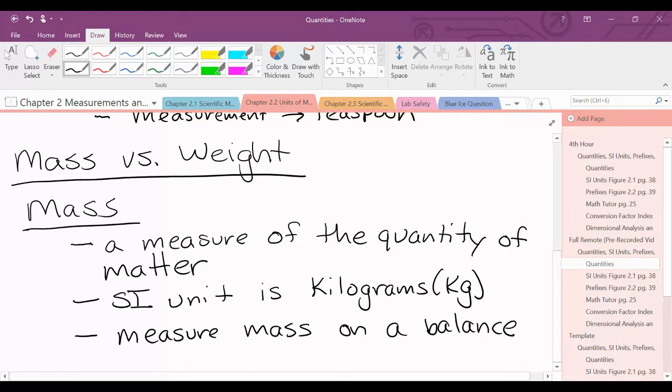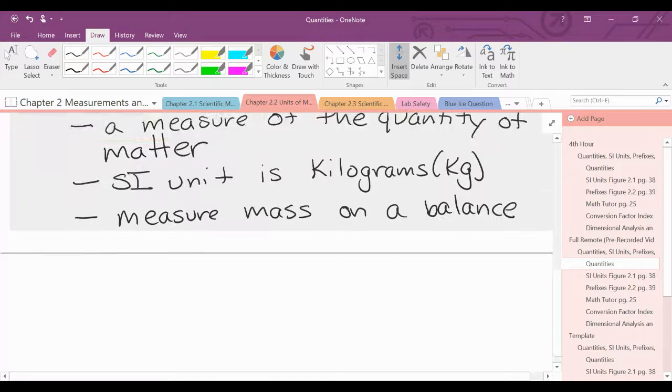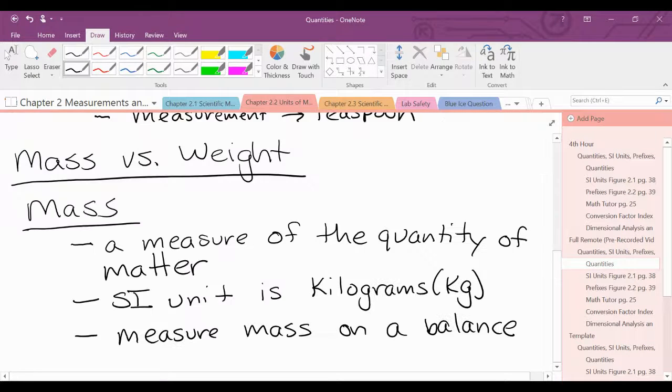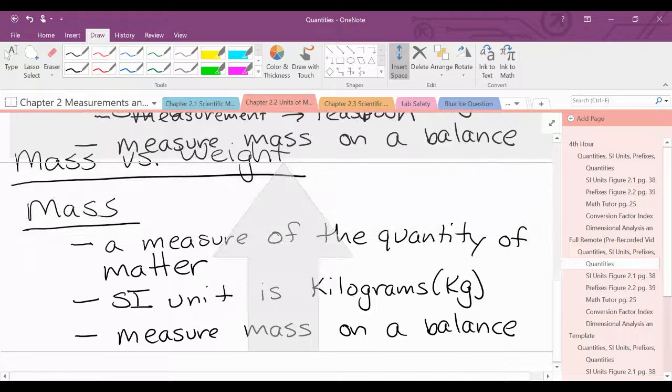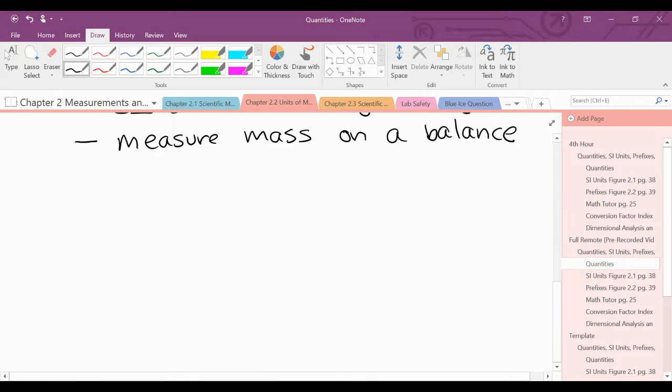And so in lab, we have triple beam balances. We have electronic balances we would use to measure the mass of an object. And when we talk about derived units later this week, we'll measure the mass of some objects and find their volume to find density.